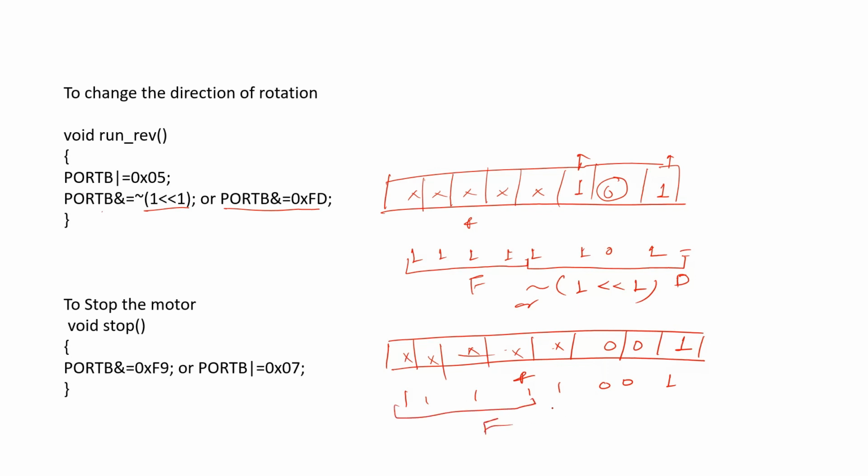This is F and this is 9. So we can do an AND operation with 0xF9, or we can make these two bits 1 1. In that case we have to do an OR operation with the number 0x07. So this is the combination corresponding to stopping the motor.